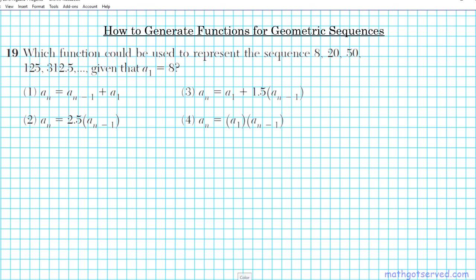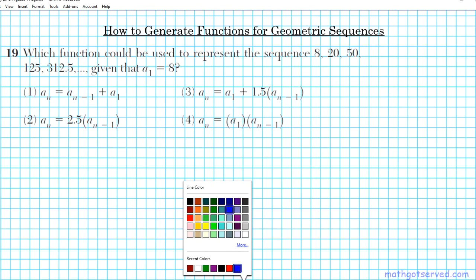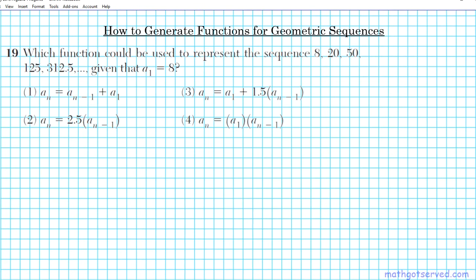Alright, before we get started, let's go over the formulas for the arithmetic and geometric series functions. Let's write this down. Formulas. For the geometric series, we can write this using a recursive definition or just a function.